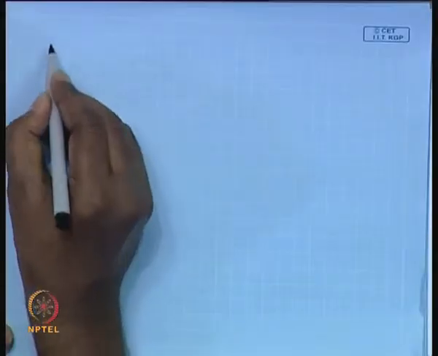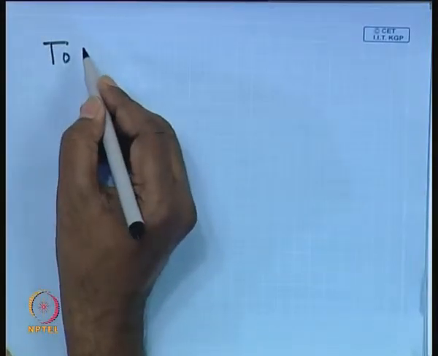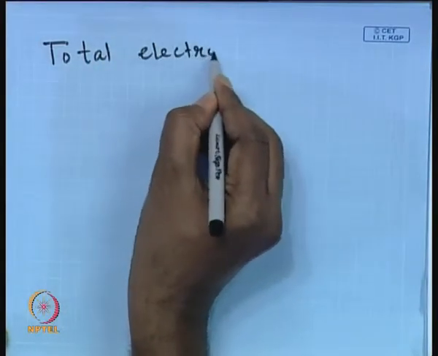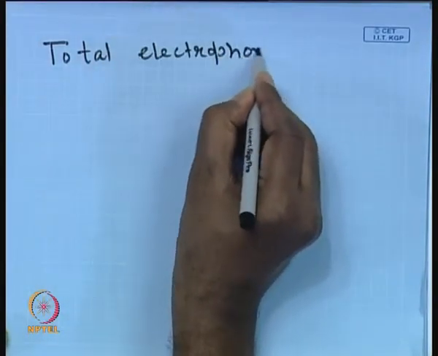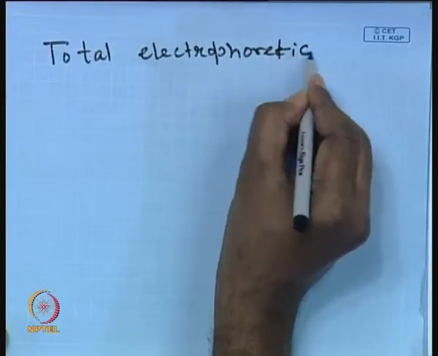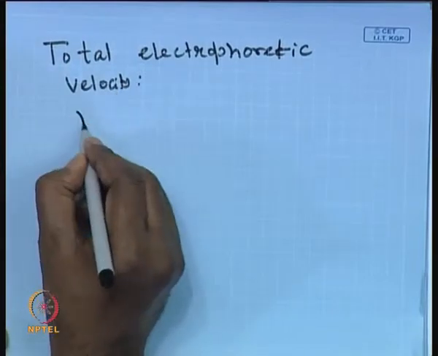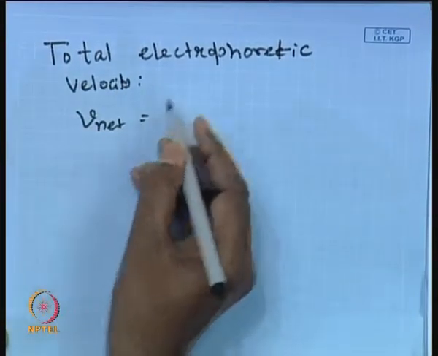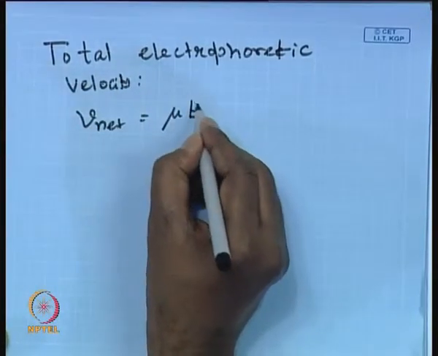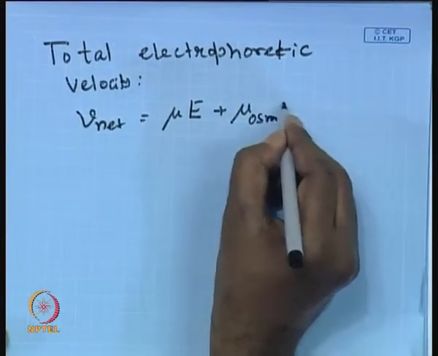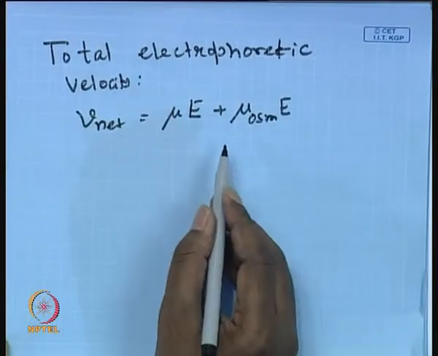The net velocity is the sum of the electrophoretic velocity plus the electroosmotic velocity. Velocity is given as V net, which is mu times E plus mu OSM times E. What is mu?